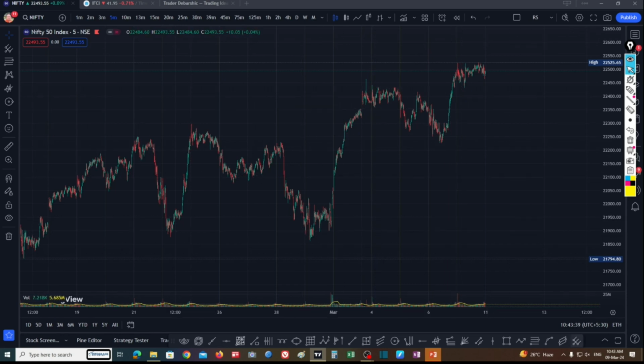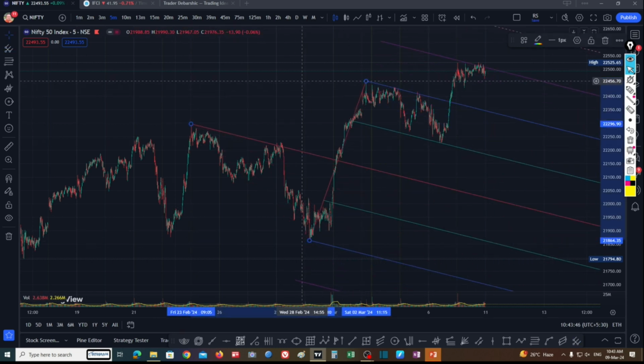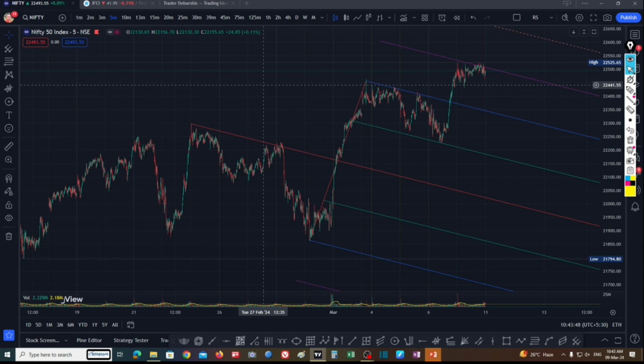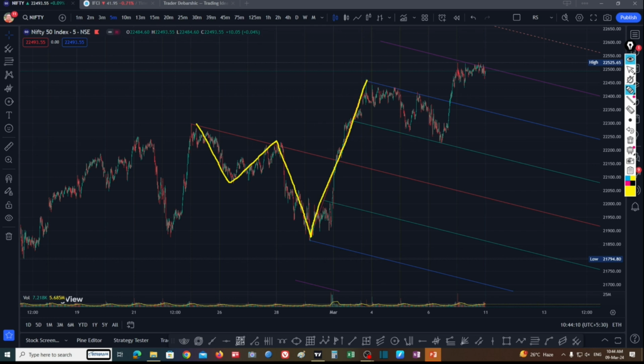So we can take another position like this. Look at this, how beautifully it works. Here the price comes, goes back, comes down, and an excellent move.